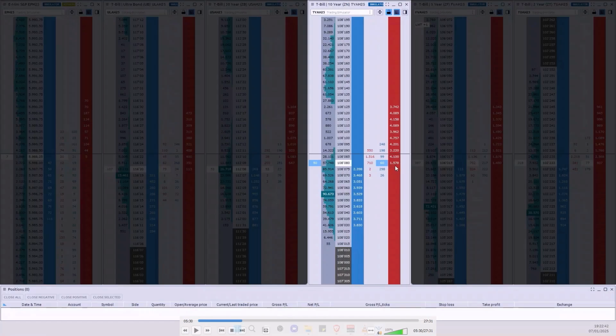It's basically a bluff, calling out the buyers to attack, right? And as soon as the buyers do that, this number will again get bigger and bigger because it will absorb all those buy contracts.